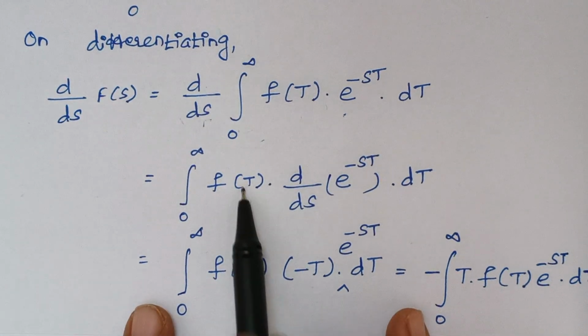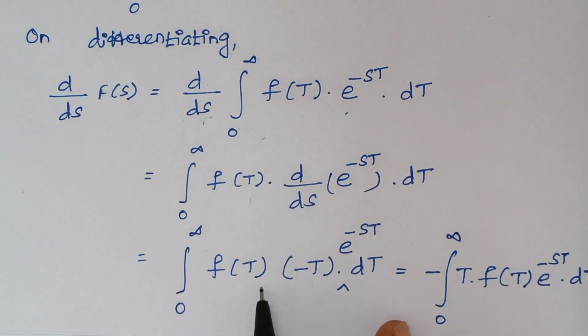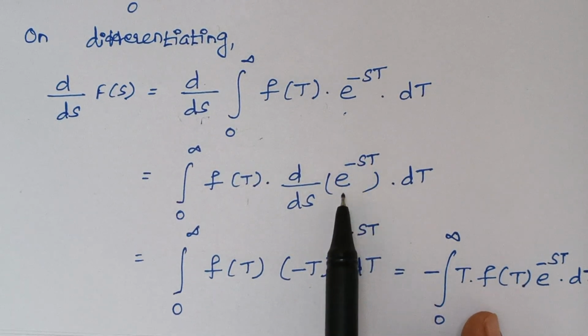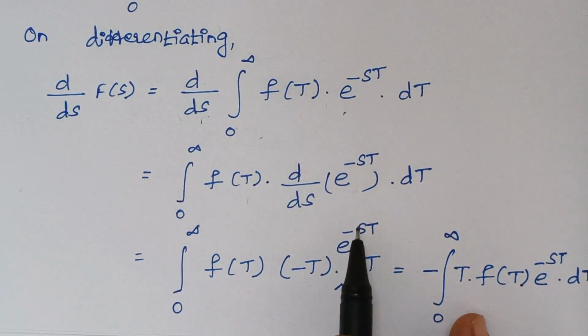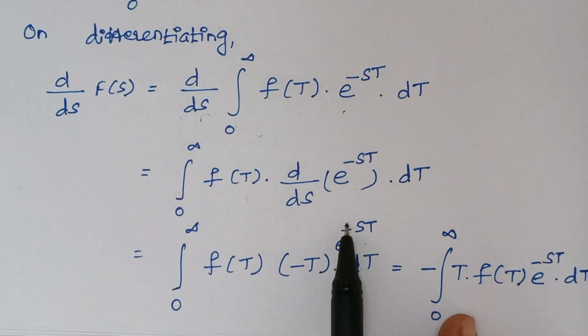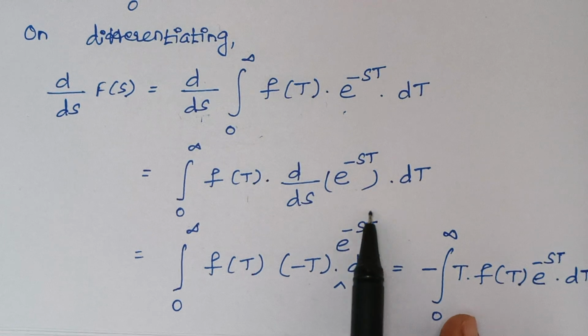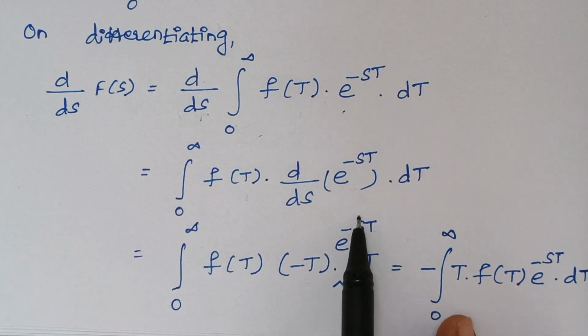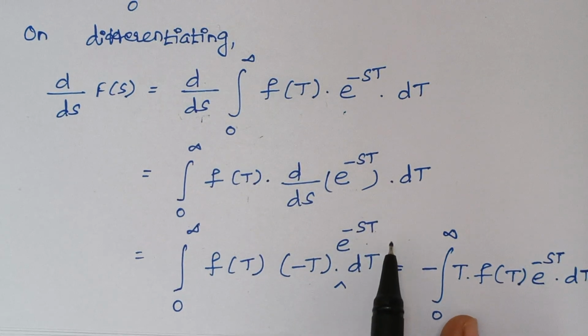This f of t is a constant, so it remains here as such. When you differentiate e to the power minus st, this term remains the same, e power minus st. And again you have to differentiate the terms in the power. When you differentiate the power, that is minus st, this s becomes 1, and finally we will have minus t.